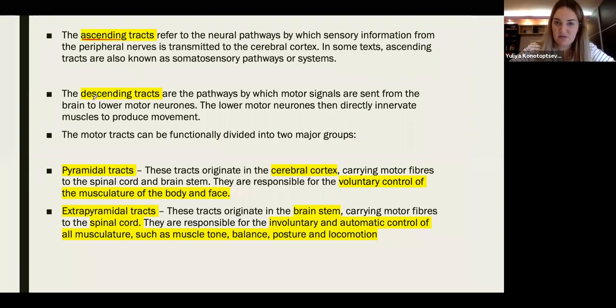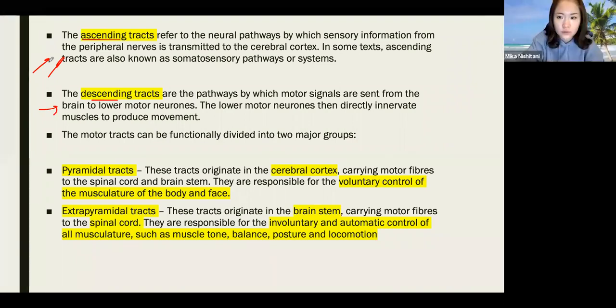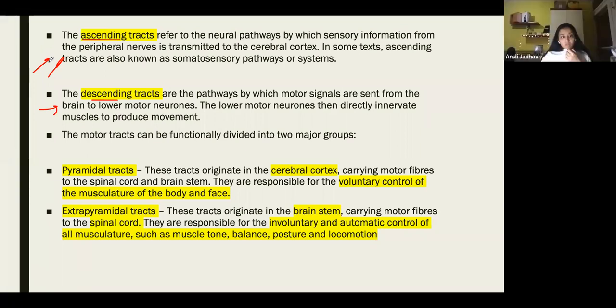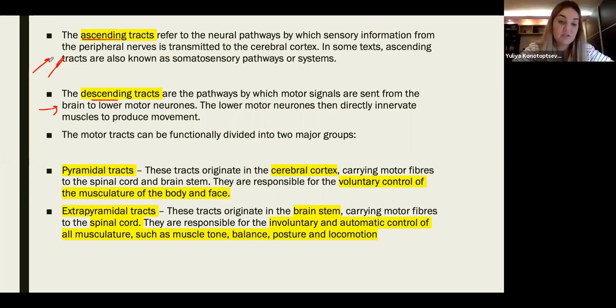Ascending tracts, descending tracts, you got the difference, right? Sensory, motor. Quickly give me an example of ascending tracts. The dorsal column. Very good. Dorsal column tract, the fasciculus gracilis, fasciculus cuneatus. Anything else? Spinocerebellar and spinothalamic. So these are the three major sensory.